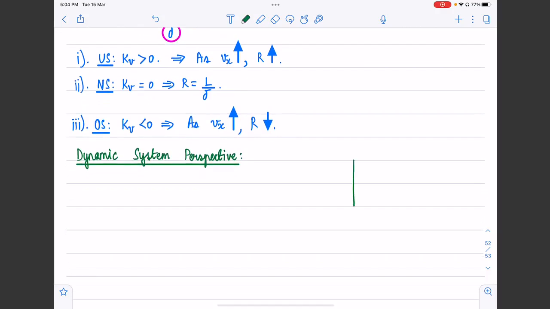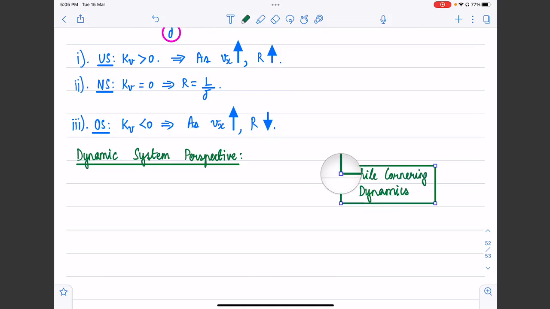Let us say we want to characterize the cornering dynamics. My system, so to speak, is the vehicle undergoing a cornering motion. So I'm interested in characterizing vehicle cornering dynamics.